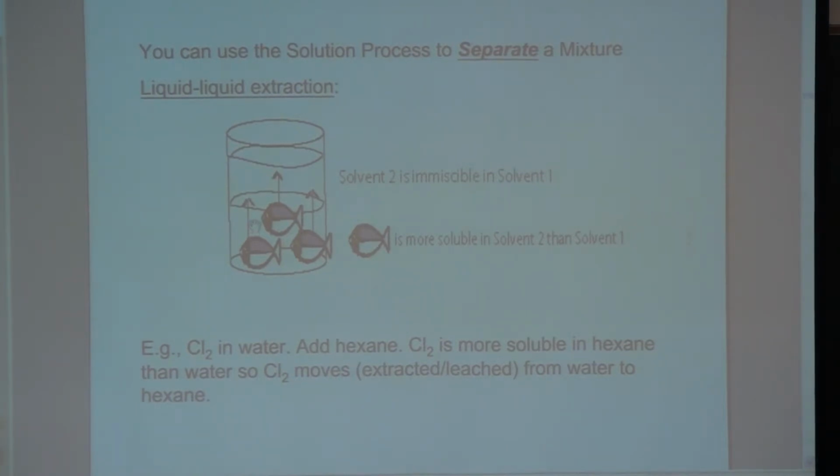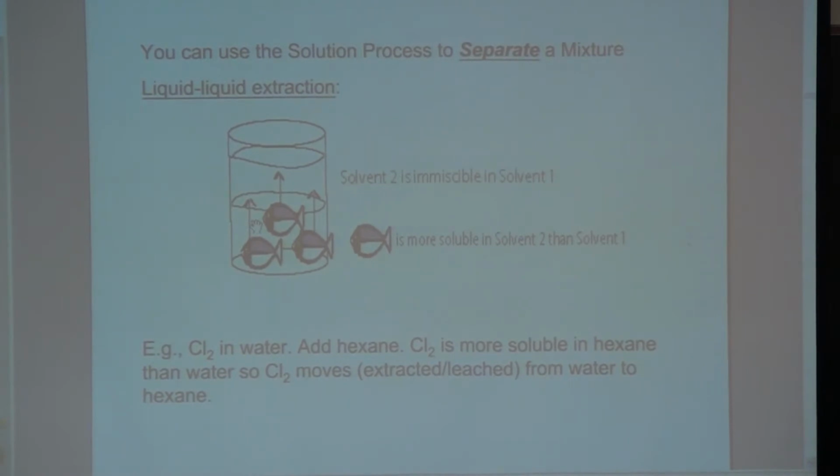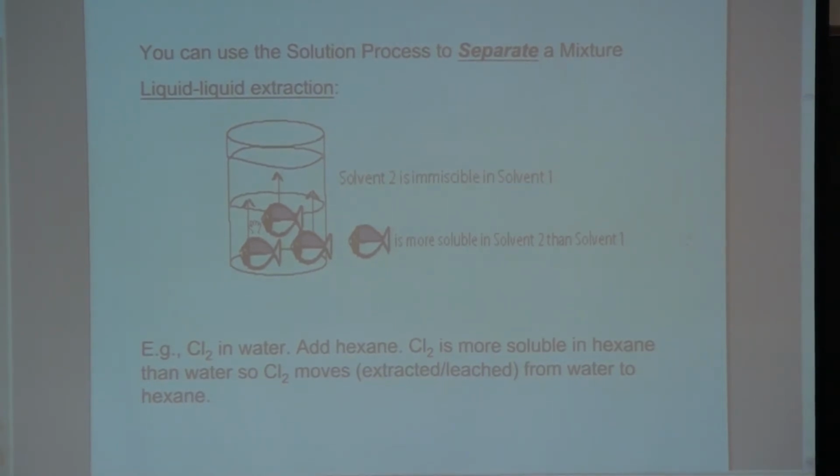Now note also you did a solid liquid extraction when you made coffee and when you did that caffeine extraction. So how does a solid liquid extraction work? I mean, you guys don't think about this when you drink your cup of coffee every morning.